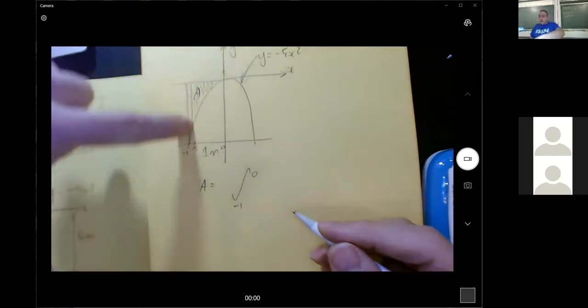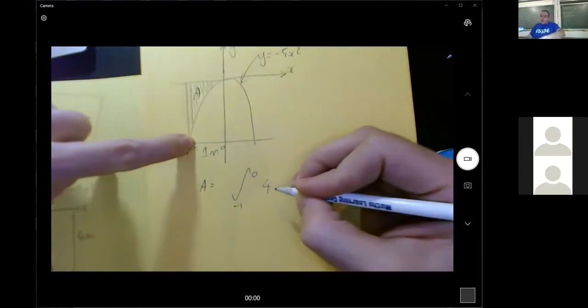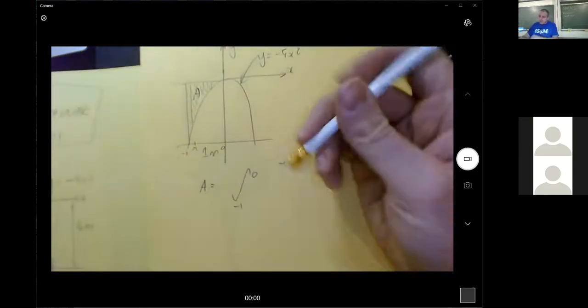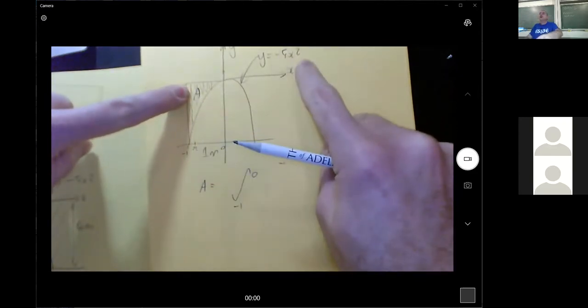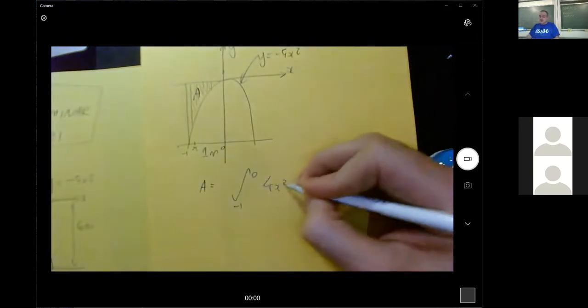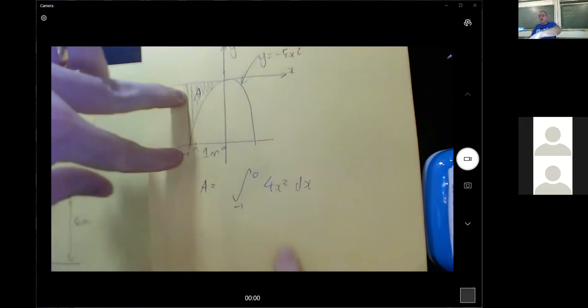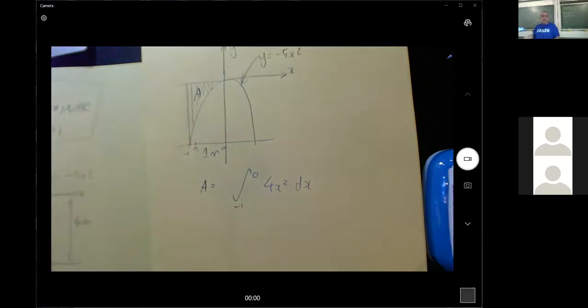So the whole height here would be 4, but then I'd be taking off, no, it won't be, don't worry. This height here is 4x squared. Like it's minus 4x squared because it's pointing downwards, but I can do that. And since I want to count this as a positive length, I'm going to make it a plus 4x squared.